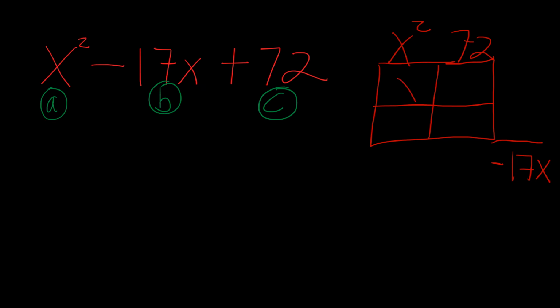x times x is going to give me x squared. Now I have positive 72, and I want the pair to add up to negative 17x. So what two multiples do you think you're going to multiply together to get 72, but also end up with negative 17x?